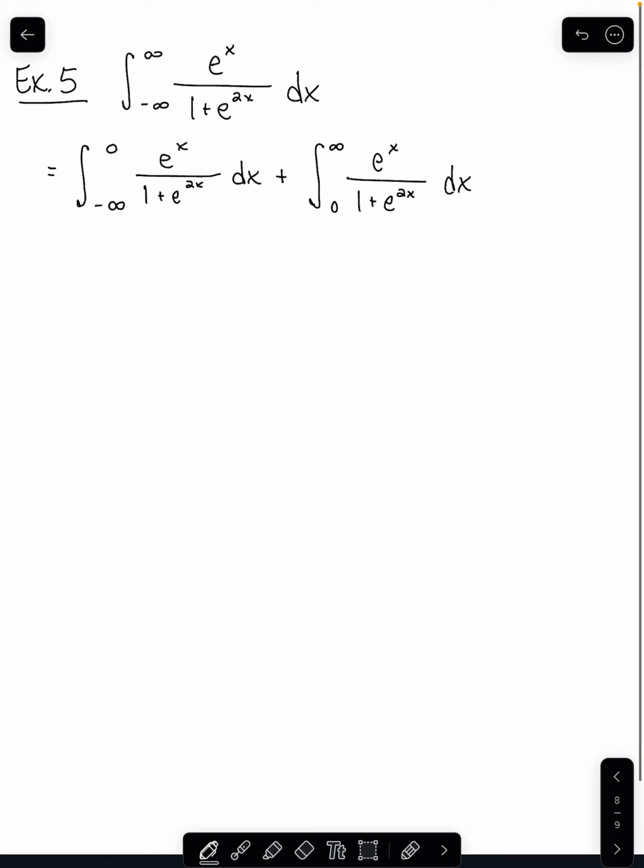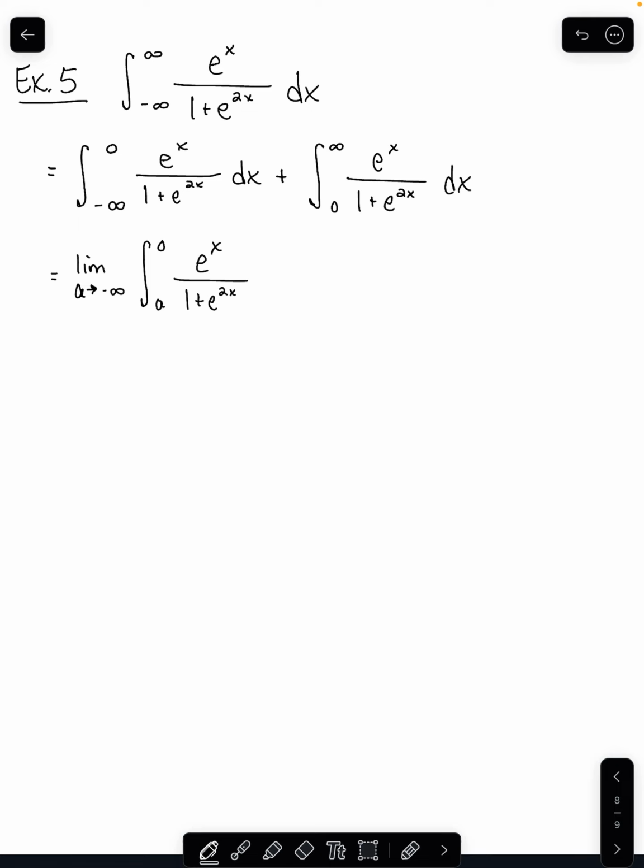And then each of these can be rewritten using a limit. For the first one, since it's the lower limit which is infinite, we will use a for the lower limit. And for the second integral, since it is the upper limit that approaches infinity, we will use b for the upper limit here.